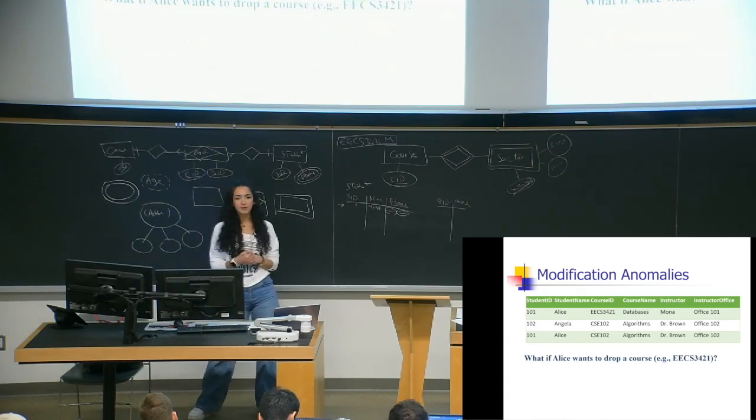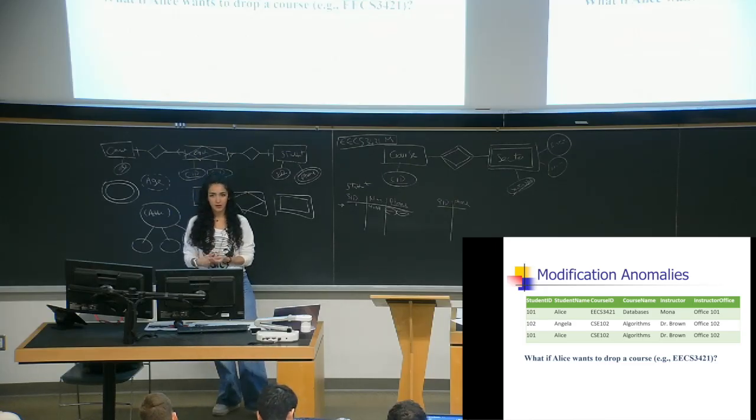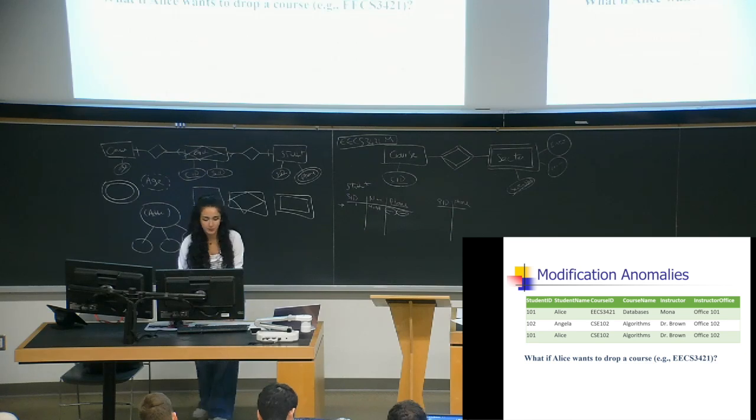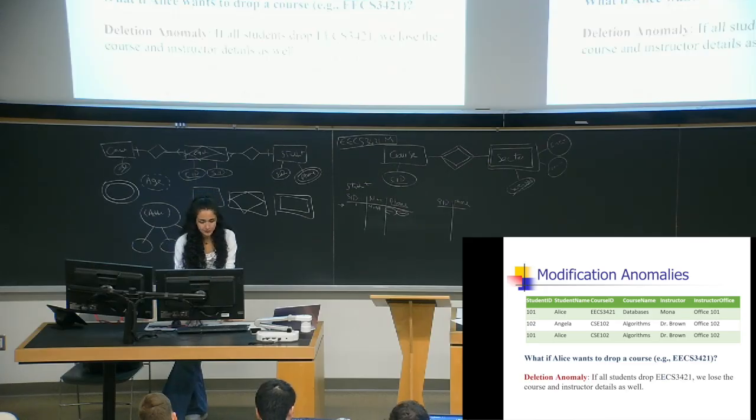So if Alice dropped the database course, since in our small table Alice is the only one taking this course, then you will lose all other information, for example, this course information and the instructor information, right? You are losing all information that you don't want to lose. So this is deletion anomaly. If all students drop, for example, 3421, then we lose the course and instructor details as well.